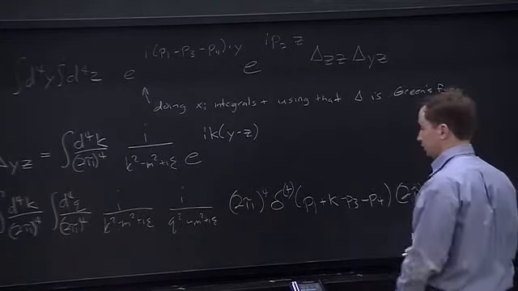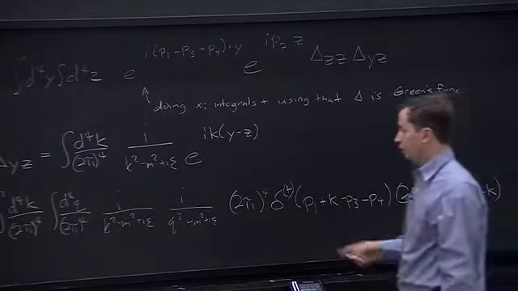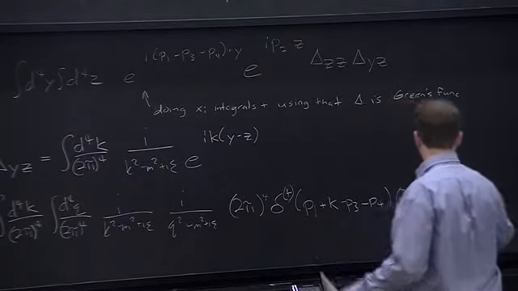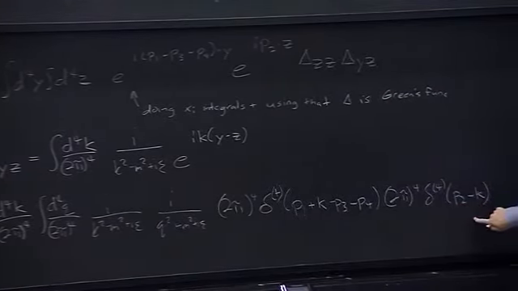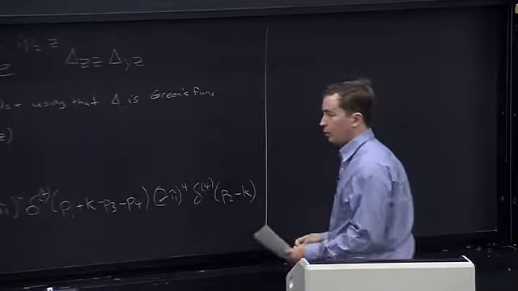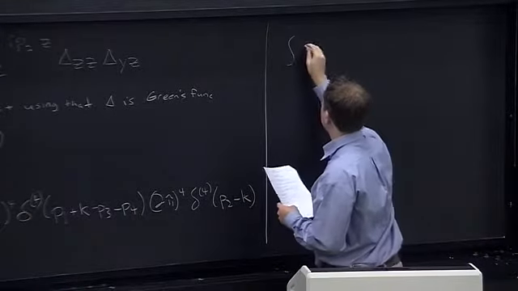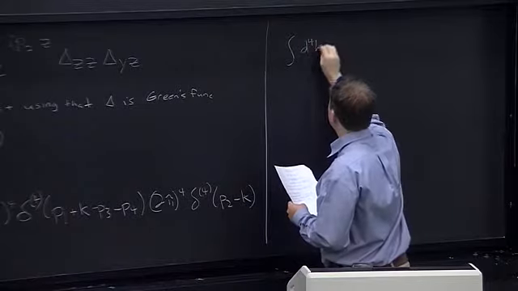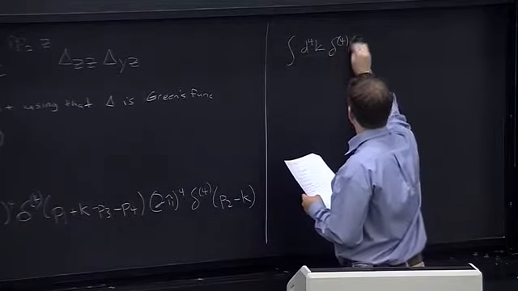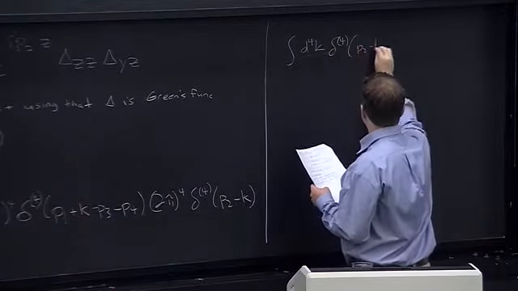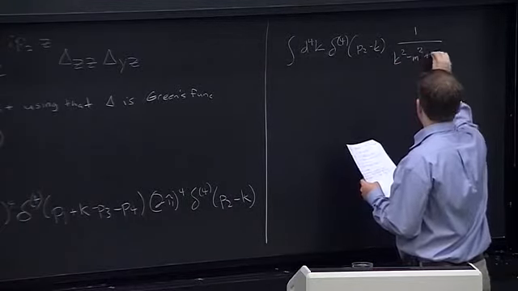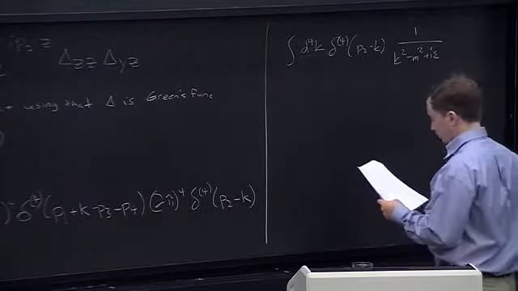And now we can try to do, say, the k integral. Let's try to do the k integral using this second delta function. And if we do that, what we get, I won't write the whole thing, but just the integral d^4k of delta(p2 minus k) times 1 over k squared minus m squared plus i epsilon. So we do this integral.